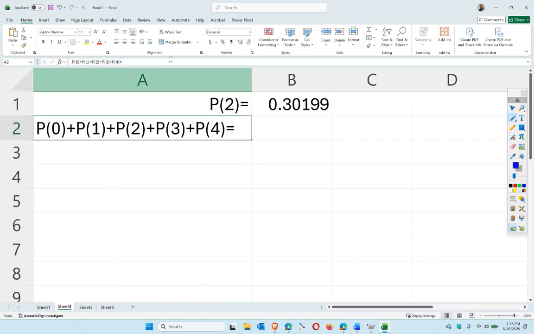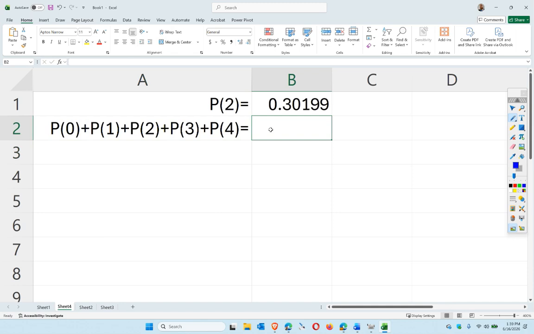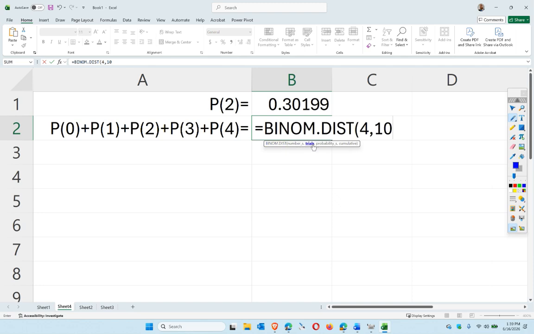Equals, and we'll shove that to the right. Okay, so we're going to do the function to save some time. BINOM.DIST. Okay, I'm going to do 4, comma, 10. So number and trials, probability 20%, and I'm going to put true this time.